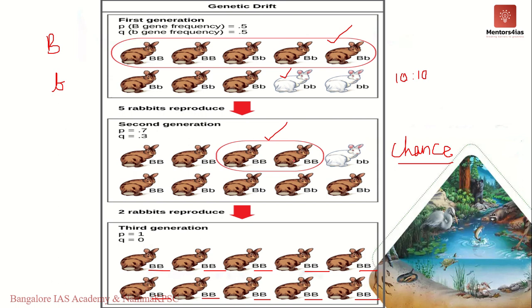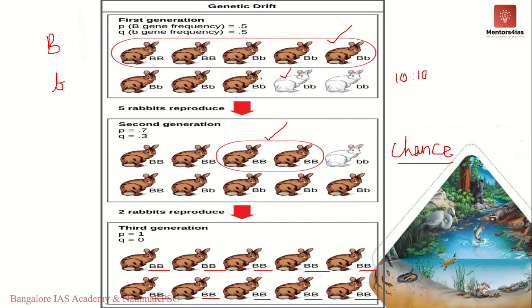However, I want you to remember that genetic drift also depends upon the population. The population size actually matters. Larger populations are unlikely to change quickly as a result of genetic drift. See, in this particular example, in the third generation itself, we had all rabbits brown in color. But imagine instead of 10 rabbits in the first generation, we had 5 lakh rabbits.